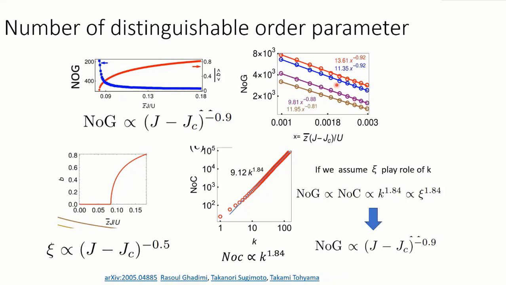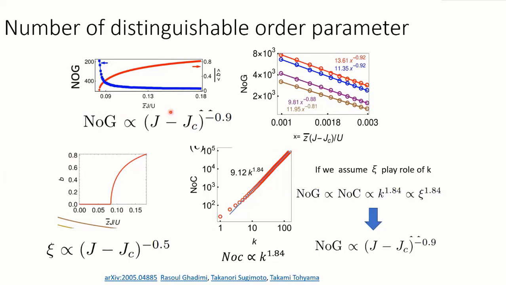So I show this NOG, number of gaps, for the superfluidity amplitude in logarithmic scale, and you can notice that it also has some power law near the phase transition. So it may be a new exponent for the quasicrystal at the phase transition.